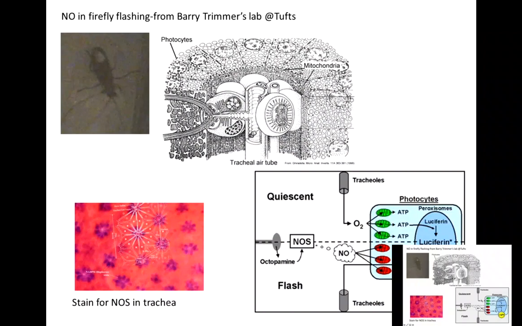So again, what happens is there's nitric oxide synthesized, which also requires oxygen. And then that nitric oxide knocks out mitochondria. The oxygen can get past those mitochondria and be available for luciferase, which is an enzyme that takes the substrate luciferin and makes light.